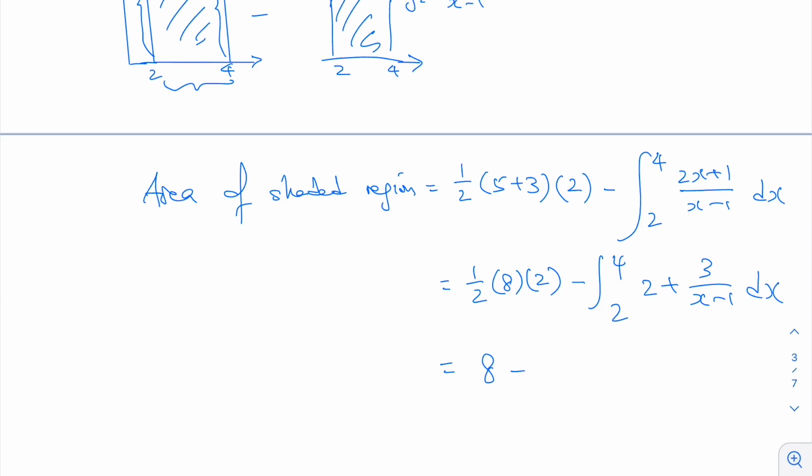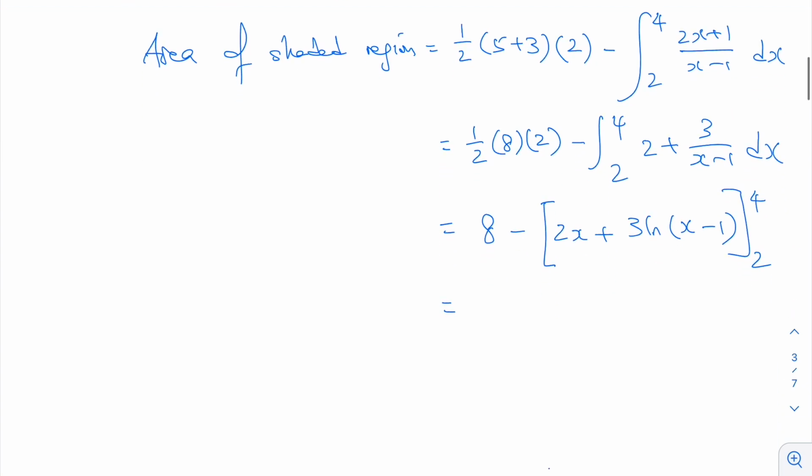This gives us 8. Subtract, integrate 2, you get 2x. Integrate 3 over x minus 1, you get 3 ln(x minus 1). And you put the limits in. When you solve that, 4 times 2 is 8 plus 3 ln(4 minus 1), which is 3. This is the upper limit. For the lower limit, 2 times 2 is 4 plus 3 ln(x minus 1), which is 1.